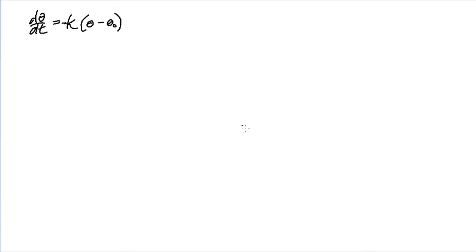Okay, this bit, part 2, integration by separation of variables, because that's the only way you can do this question. So you have this expression, and we need to integrate this. So by separation of variables, divide both sides by theta minus theta naught. You get 1 over theta minus theta naught d theta, and multiply both sides by dt to get minus k dt.